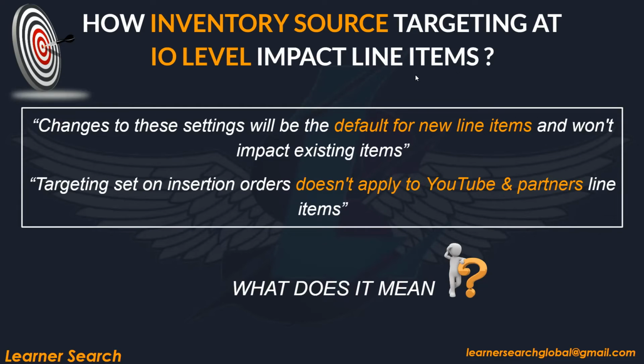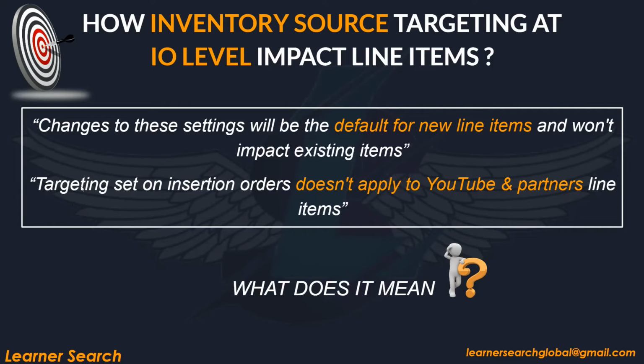We are not bothered about the above, only the level below, that is line items. The note given here says: changes to these settings will be default for new line items and won't impact existing ones. So the same thing which we have discussed previously. New line items will only get affected by whatever changes you make, and it doesn't impact existing ones.